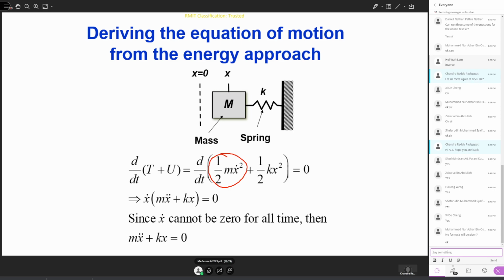The potential energy in the spring is half k x square. So this is the total energy, and we are taking the time derivative of that and equating to 0. So once you do this derivation, you will get back the equation of motion for the system. So this is how you can derive the equation of motion of the system using the energy method.